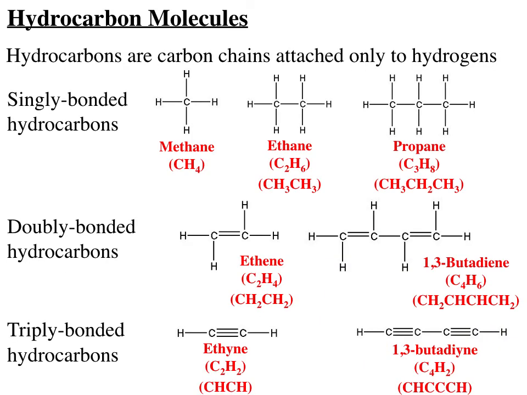Here we show some examples of carbon either singly, doubly, or triply bonding to itself and hydrogens. We call these hydrocarbon molecules, where we connect the Cs together in a chain and then attach hydrogens to all remaining points to complete octets. Remember, each line represents a bonding pair of electrons.